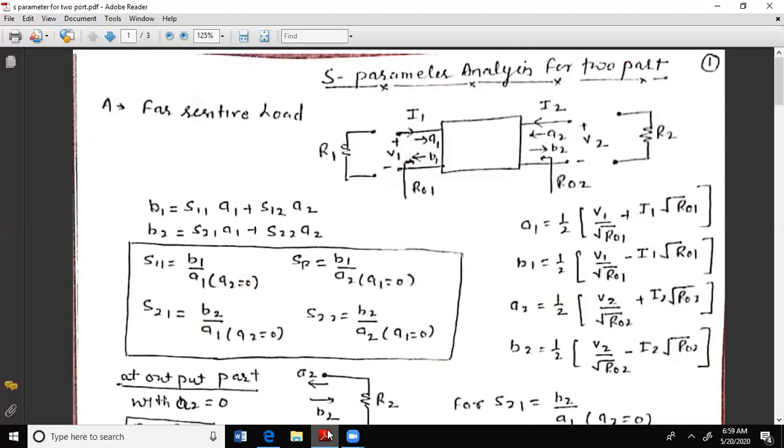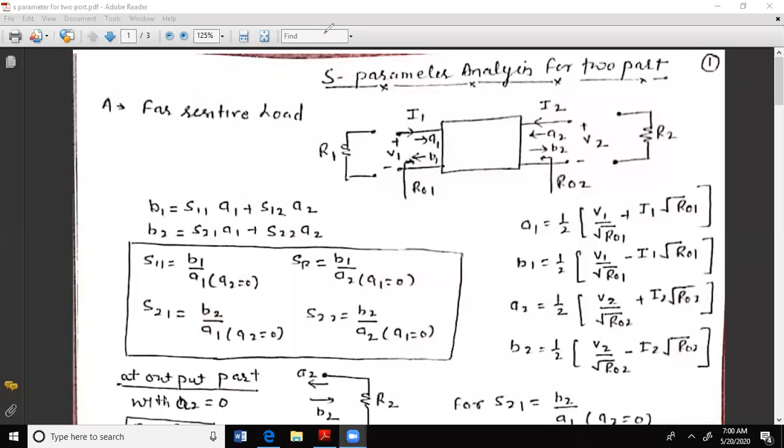Here we are considering a two-port. There are two powers, incident and reflected power at one port, and incident and reflected power at the other port. So now we are starting.